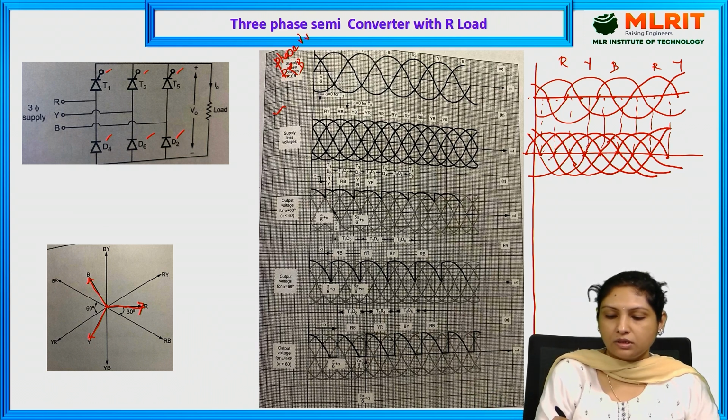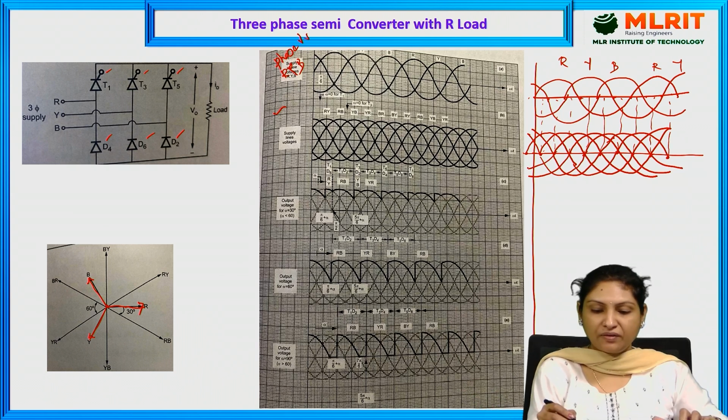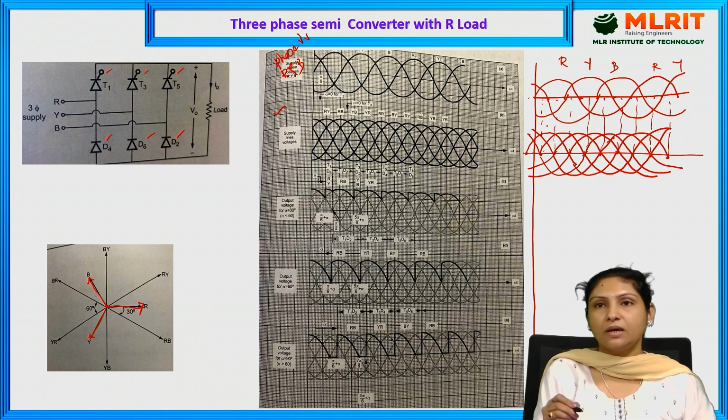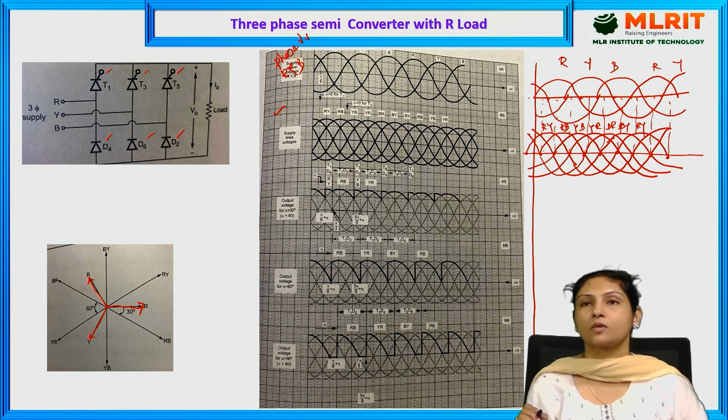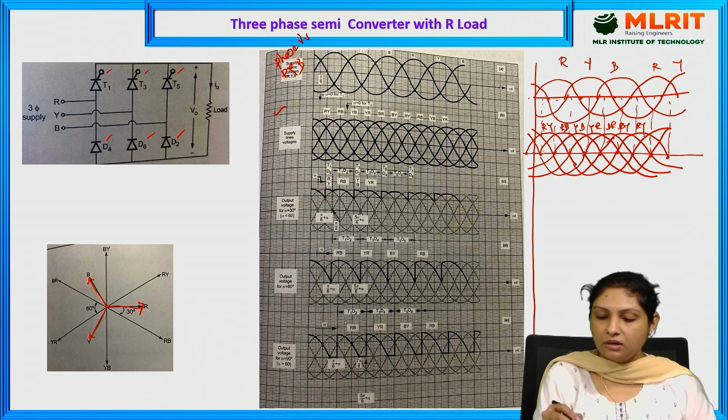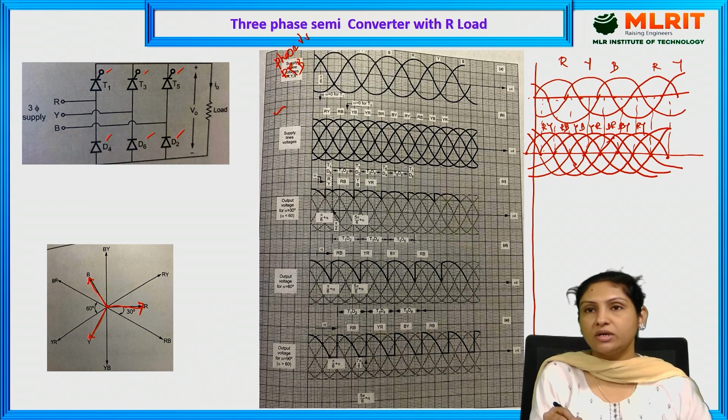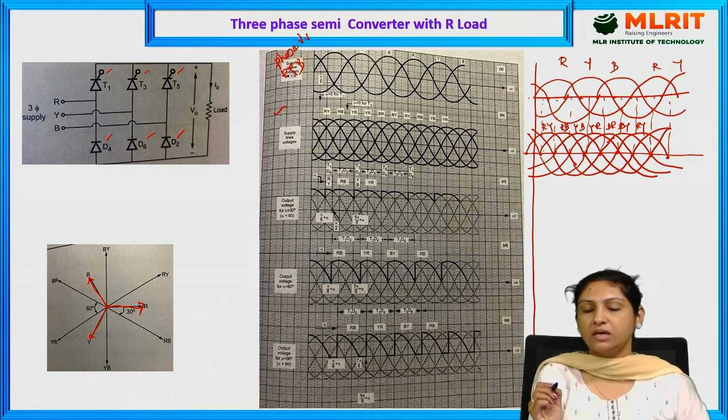And if you see here, RY is leading R phase by 30 degrees. And this is RY, RB, and then YB, YR, BR, BY, and the cycle repeats. Alright, so here each line voltage is 60 degrees apart, and each phase is 120 degrees apart.